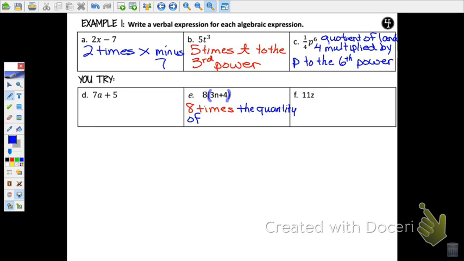If you see the words quantity of, you know something needs to be grouped in parentheses, because otherwise our order of operations does not work. So we have 8 times the quantity of, and then we can work with what we had in the parentheses. So I have 3 times n plus 4. So something a little bit different with that one.